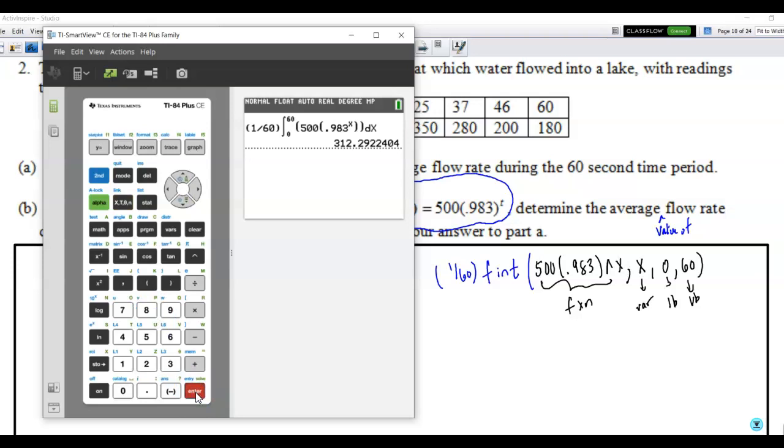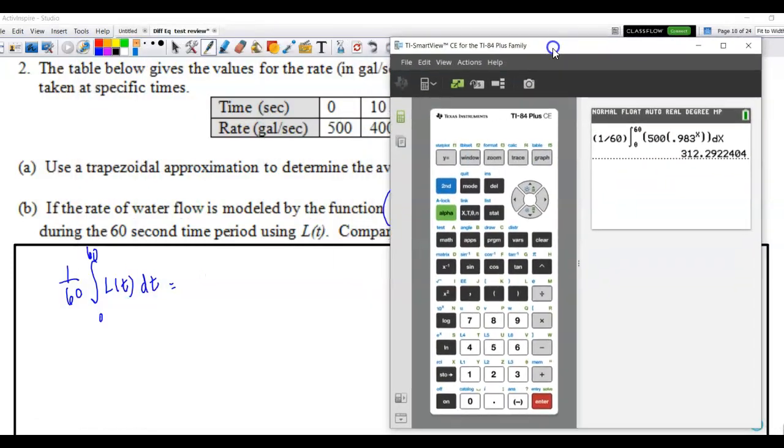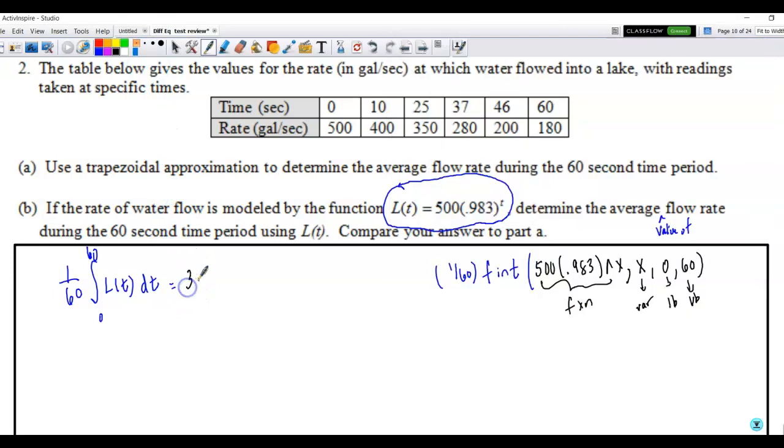So you get 312.292. Remember, you must have 3 decimal places. So 312.292, same units as before, gallons per second.